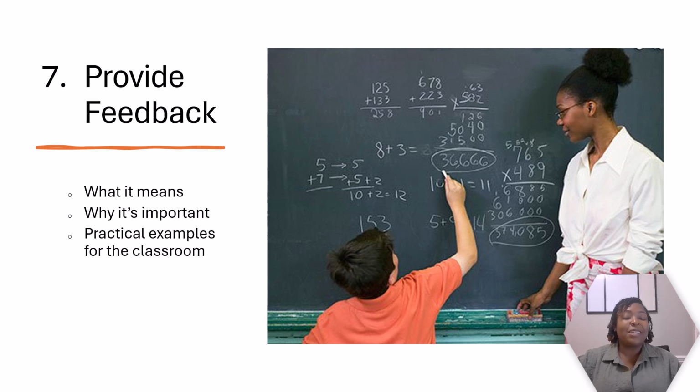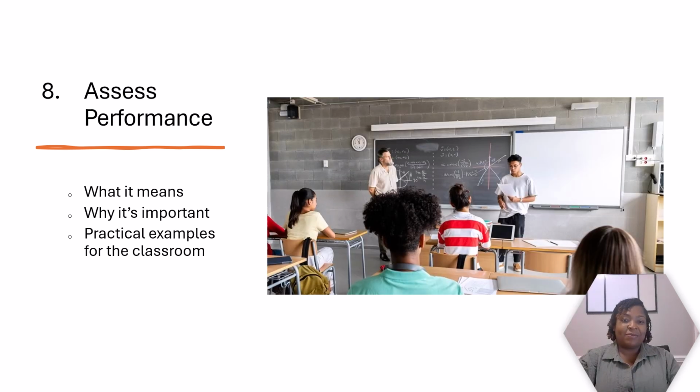Now let's talk about step 8. At the destination, now that we have made it to number 8 of Gagne's events of instruction. In this step is where you will assess the performance. You will use informal assessments to gauge understanding. You can do this by having formal or informal assessments to evaluate students' grasp of the material.